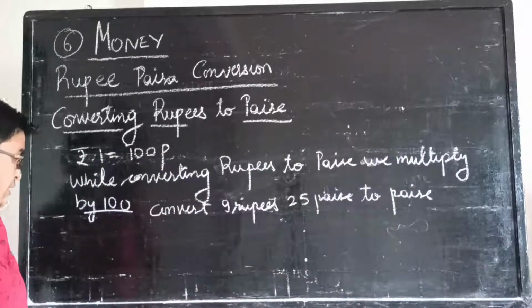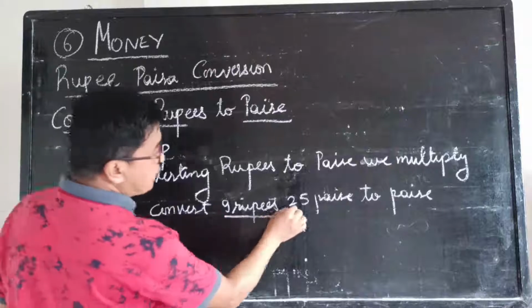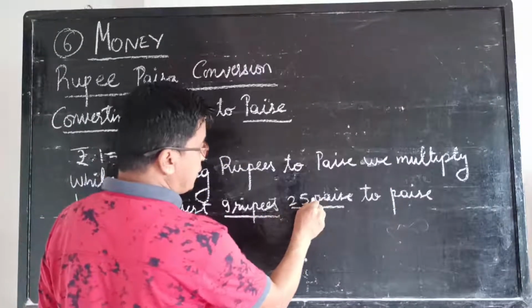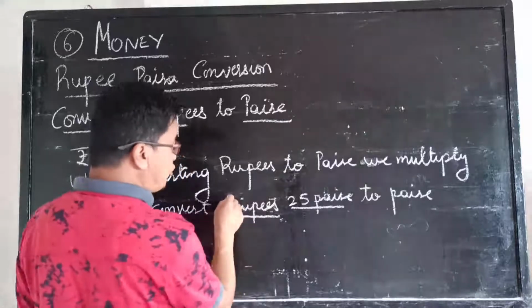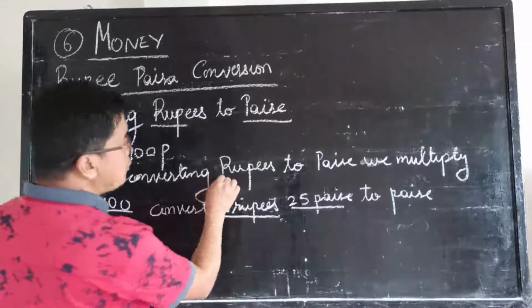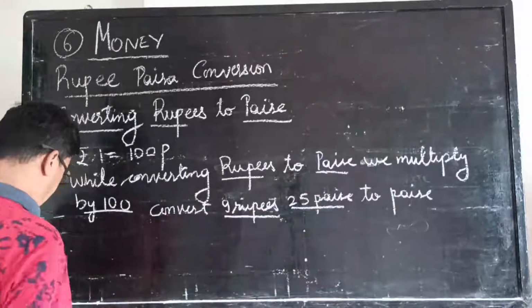We know that the 25 paise we don't have to convert, it is already in paise. But the 9 rupees you have to convert. When you convert rupees to paise, we multiply by 100. So we multiply 9 by 100.